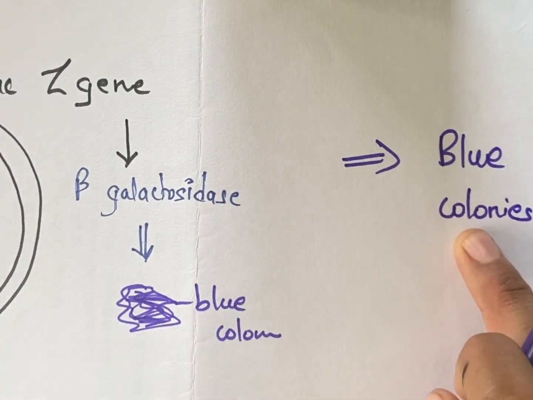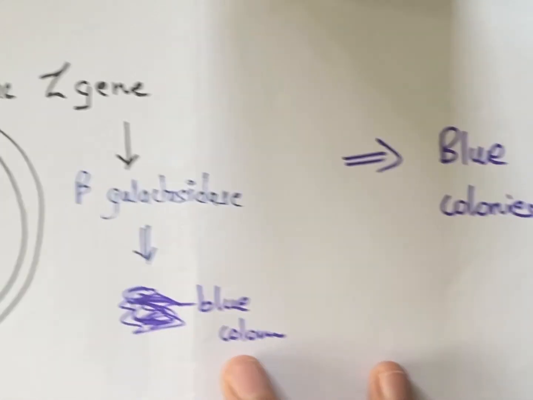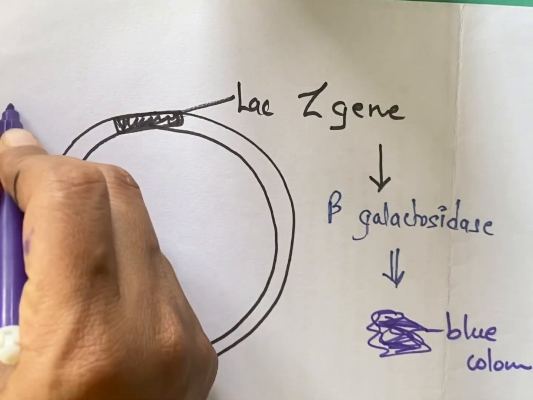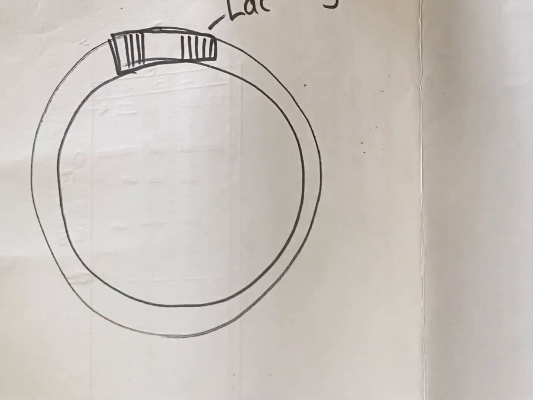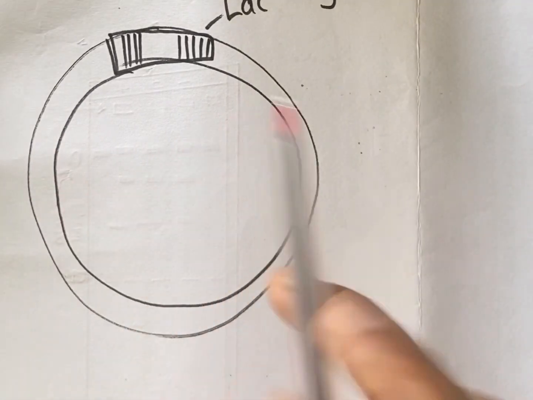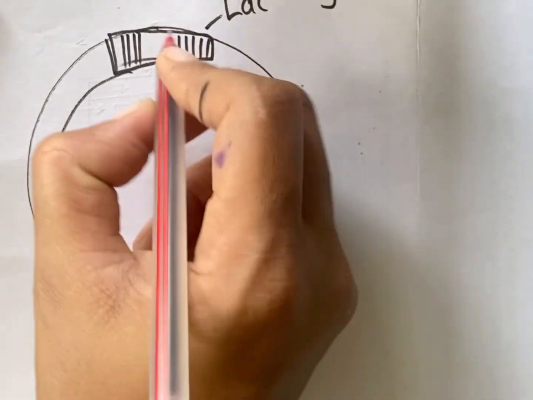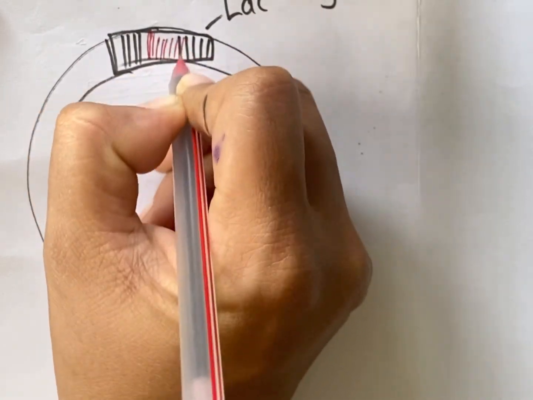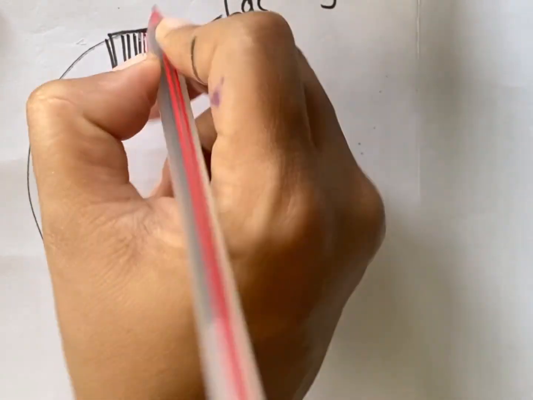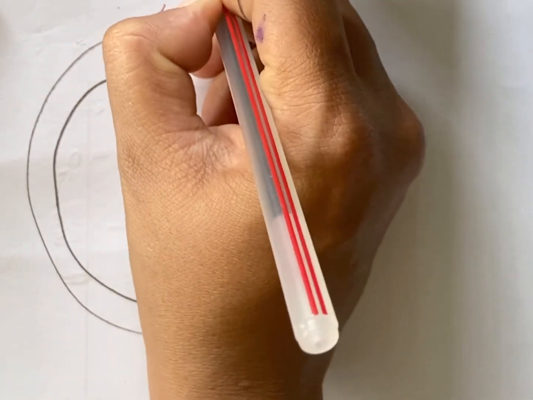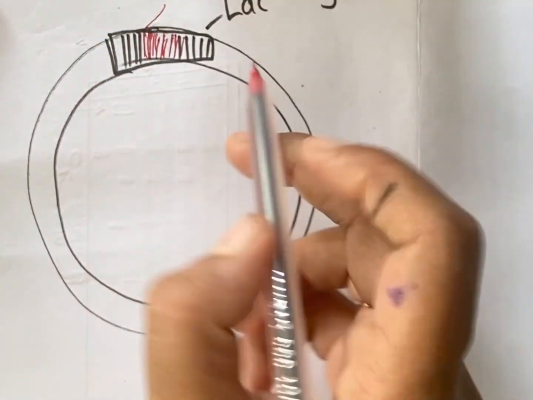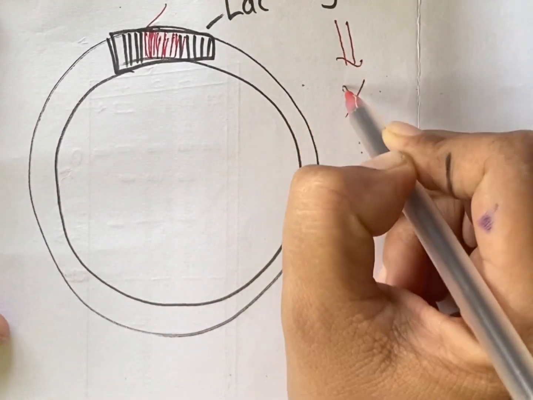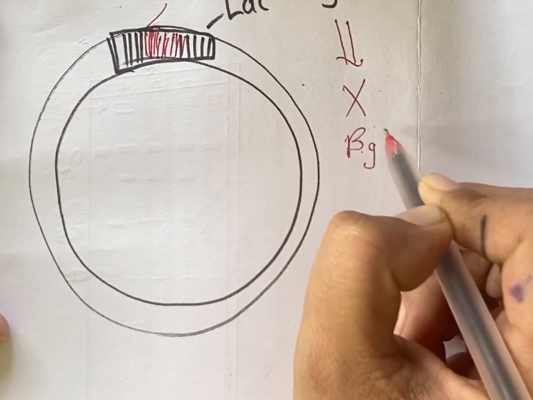Now imagine the second condition. This is the first case. In this second case, if alien DNA or gene of interest is inserted at this location in the lacZ gene, so target gene is inserted in this lacZ gene. So what will happen? lacZ gene will not produce beta galactosidase.